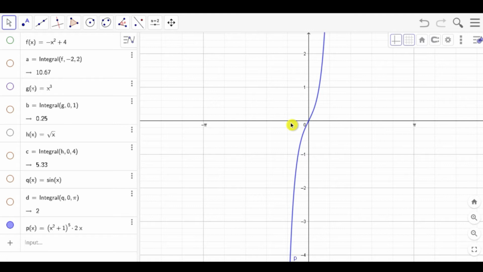Ang implication nun, kapag area yung pinag-uusapan, ang mako-compute natin dito ay negative. But of course, since area is always positive, kailangang i-correct natin yun as positive.